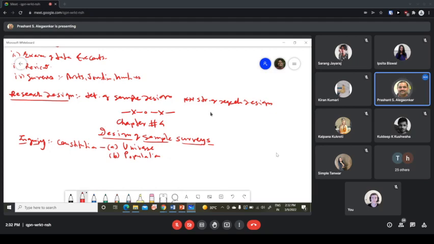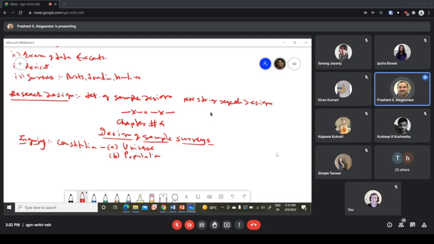For example, to have an idea of the average per capita monthly income of the people in India, we would have to enumerate all the earning individuals in the country, which is a very difficult task. So you cannot have a very localized kind of inquiry. This type of survey is called a census survey, where you get one-to-one information.